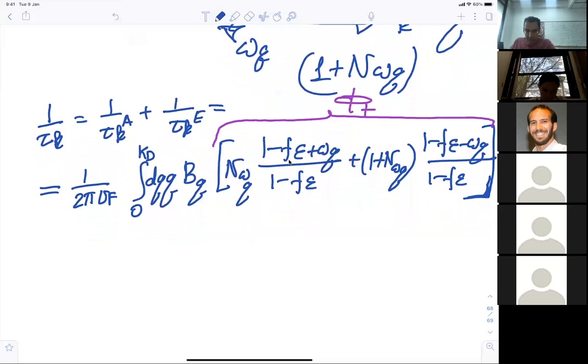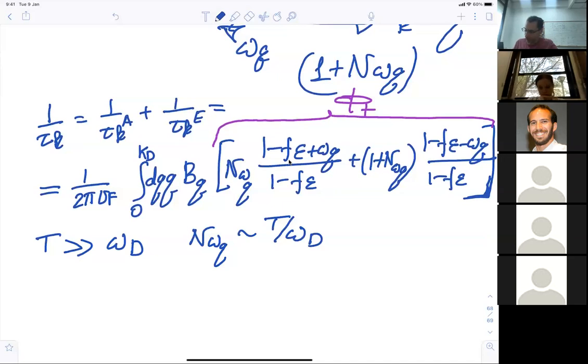Now consider the limits. So it's a complicated expression. I cannot compute it for all cases, but I can compute the limits. If temperature is much larger than omega Debye, then we know that the number of phonons is large, and it can be estimated as temperature over omega Debye.